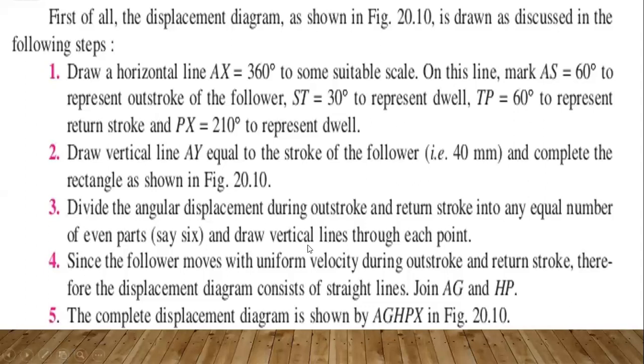Next, by obtaining the rectangle, we are going to divide the outstroke and return stroke into equal number of even parts. We are taking 6 equal parts, and draw vertical lines through each point.